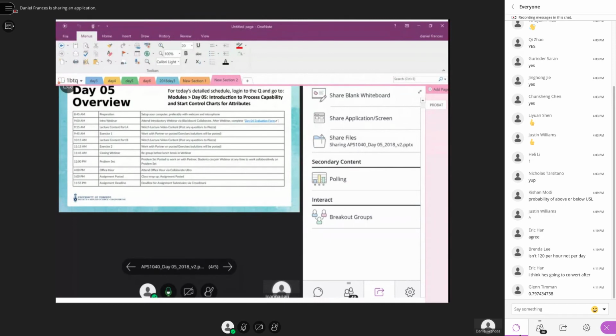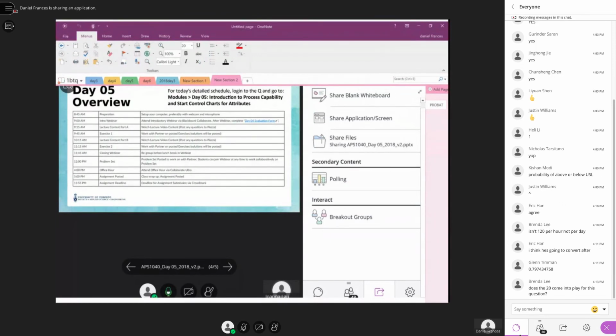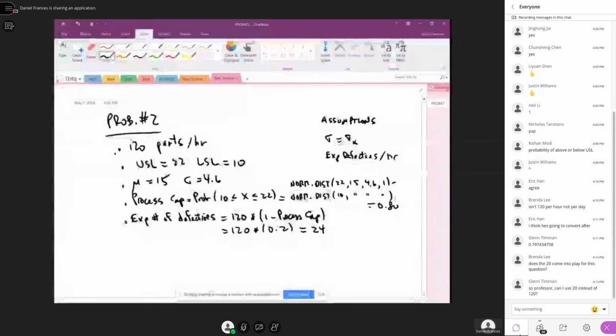But yet you had a lot of people wanted me to do this problem. So I guess you wanted to. Does the 20 come into play for this question? No. Well, okay. Let's look. Let me go back to this. I'll tell you what happened. I initially assumed that it was sigma x bar, the sample standard deviation, which is narrower than the population. So I multiplied by root 20, and I got a huge number of defectives.